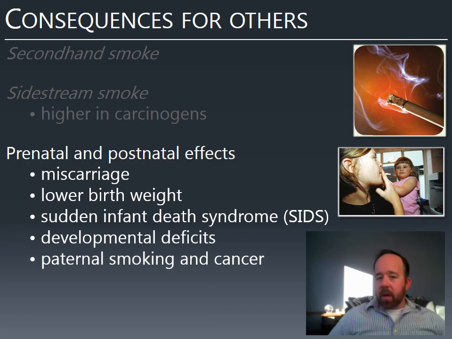There also seems to be a correlation between paternal smoking and childhood cancer. And this seems to be prenatal. And so what seems to be going on there is that some of the chemicals in tobacco smoke are affecting sperm production. So you get more copying mistakes in the DNA. And so you have these children whose fathers smoked prior to conception.